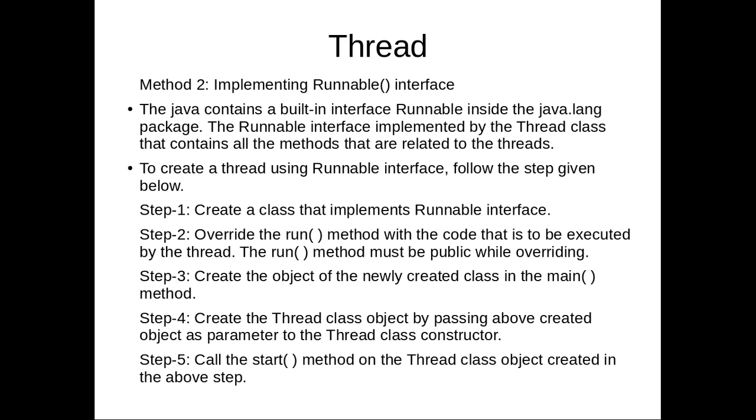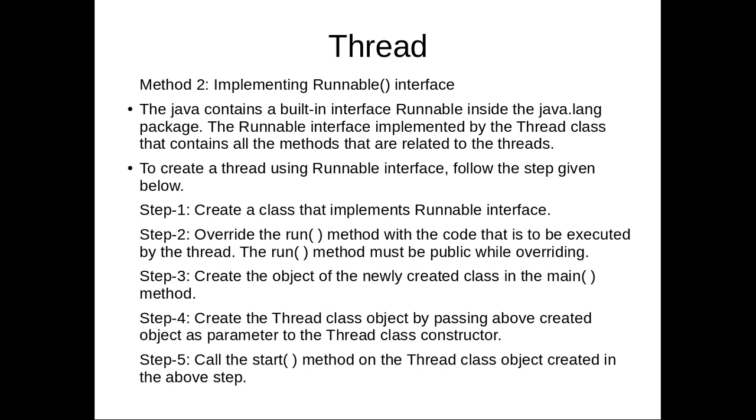These are the steps you have to follow if you want to create a thread implementing the Runnable interface. Step 1: create a class that implements the Runnable interface. Then override the run method with the code that is to be executed by the thread. The run method must be public while overriding. In the earlier case, instead of implementing the Runnable interface, we used another method, extending the Thread class.